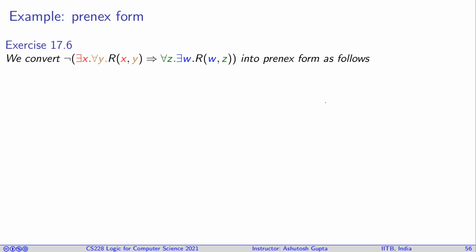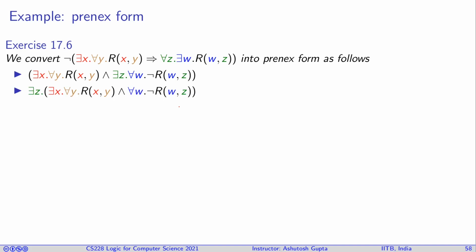Let's look at our example. We wanted to convert this into prenex form as follows. First we had obtained this in NNF form, so we are already there. Now what we're going to do is start pulling the quantifiers out. Let's pick one of the quantifiers, there exists z, and pull it out. Nice.